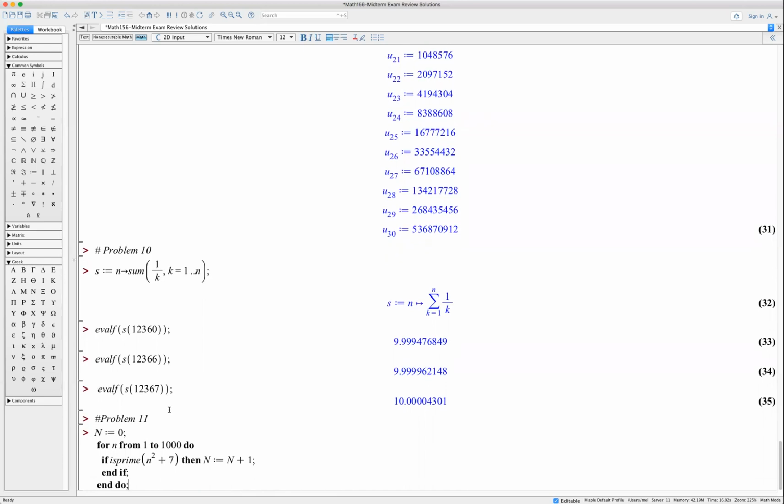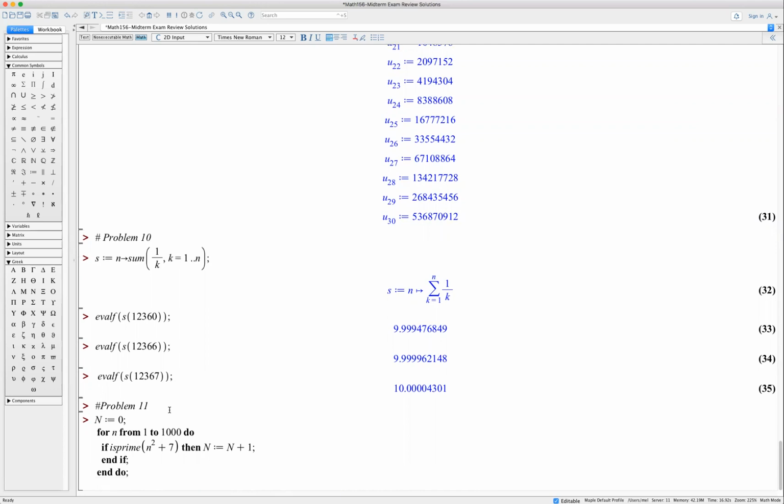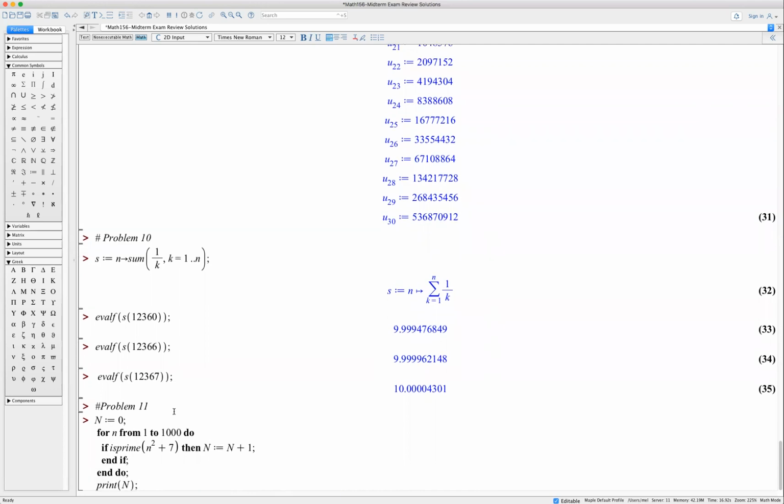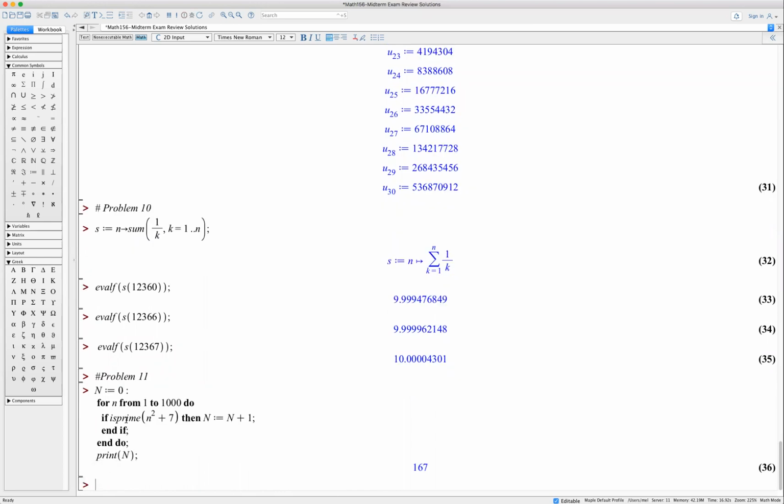At the very end, print N. That'll be the answer. The answer is 167. So there are 167 primes of the form n squared plus 7 as n goes from 1 to 1,000.